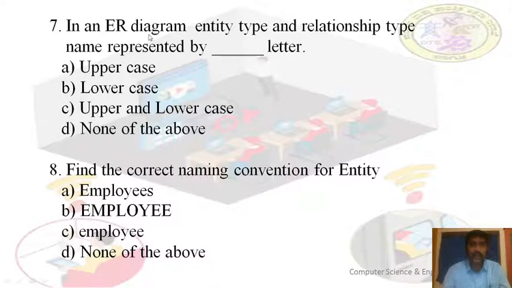Next question: in an ER diagram, entity type and relationship type names are represented by a dash letter: uppercase, lowercase, upper and lower case, none of the above. Next: find the correct naming convention for entity: employees, employee, lowercase employee, none of the above.